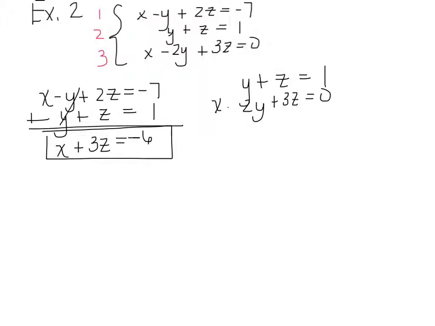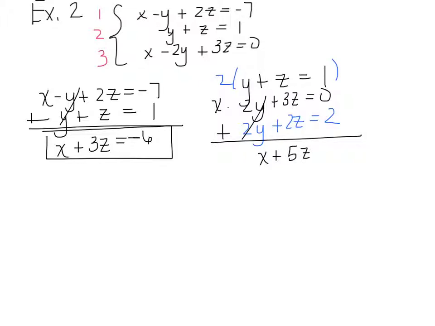Alright, so in order for these to cancel, the top row has to be multiplied by 2. So that'll give me 2y plus 2z equals 2. Now when I add them together, the y's cancel and I'm left with x plus 5z equals 2.